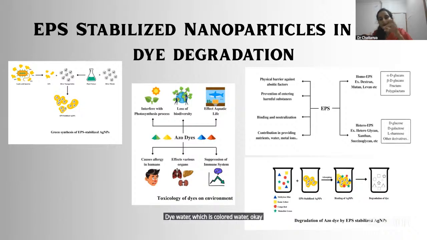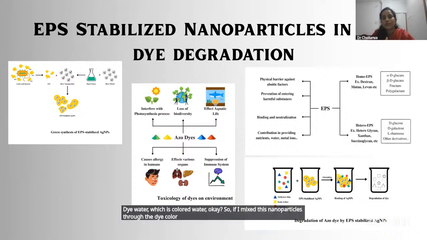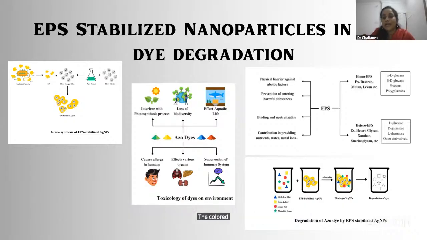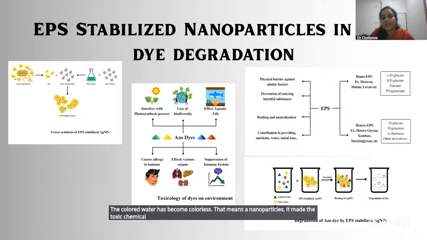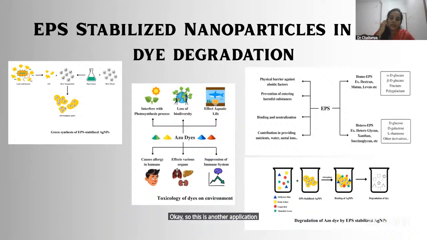If I mixed these nanoparticles into the dye colored water, after some period of time I saw that the water had become colorless. The colored water has become colorless. That means the nanoparticles made the toxic chemicals turn into non-toxic chemicals. That is nothing but degradation of the dye. So this is another application of my research work.